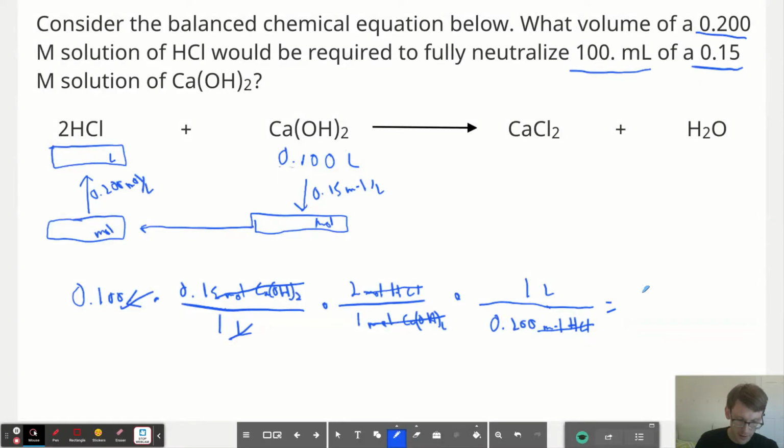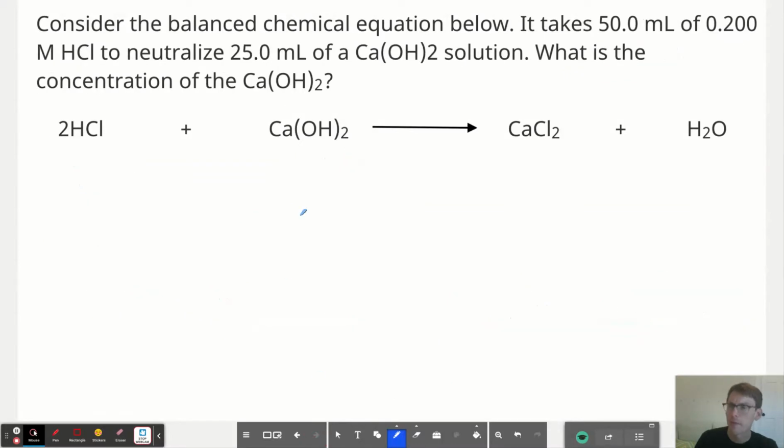And that gives us 0.15 liters of the HCl that will be required to fully neutralize the calcium hydroxide, I believe. Hope that one helps. Might want to check my math on that.